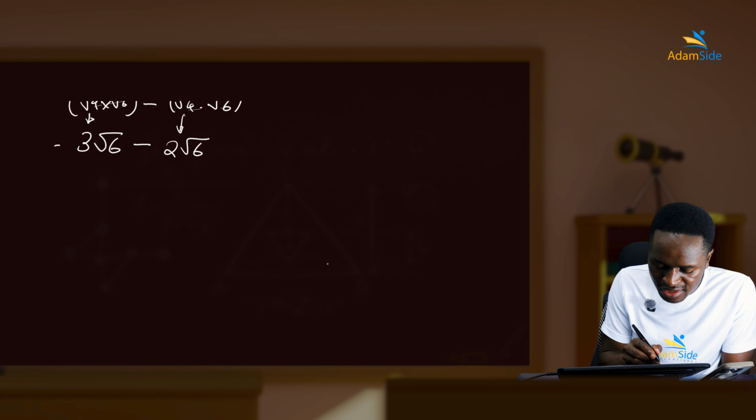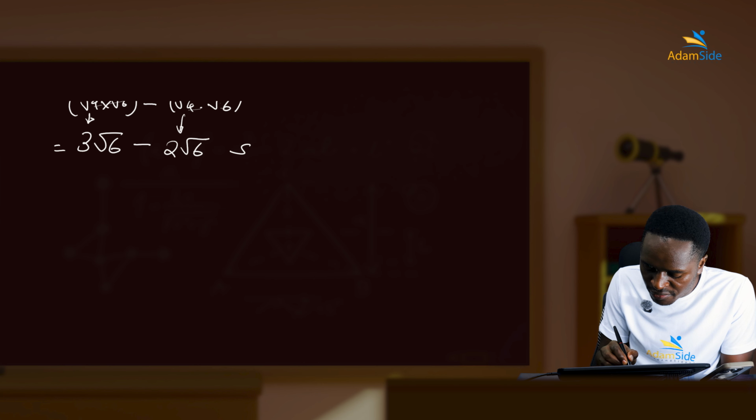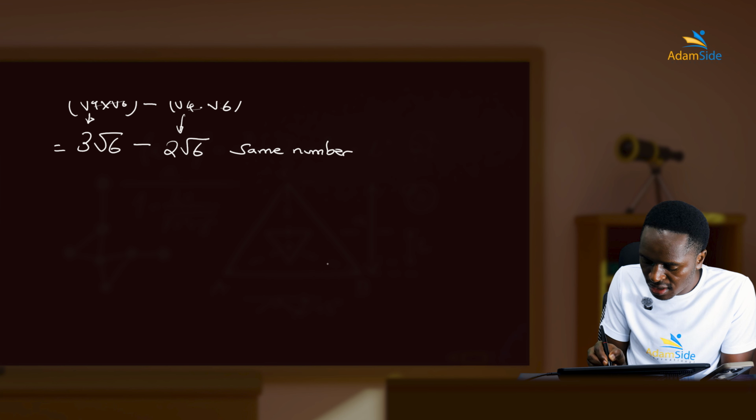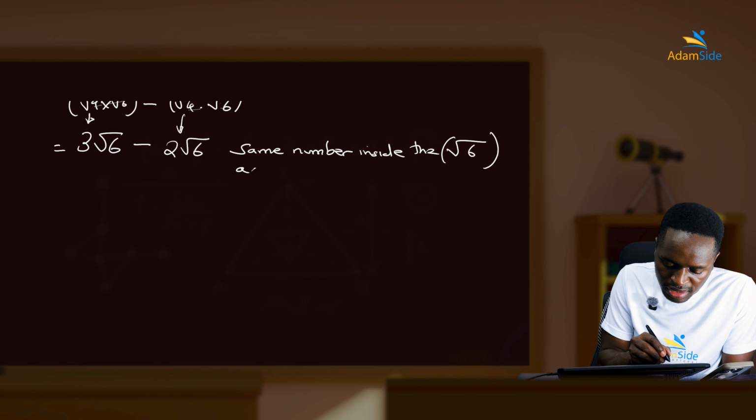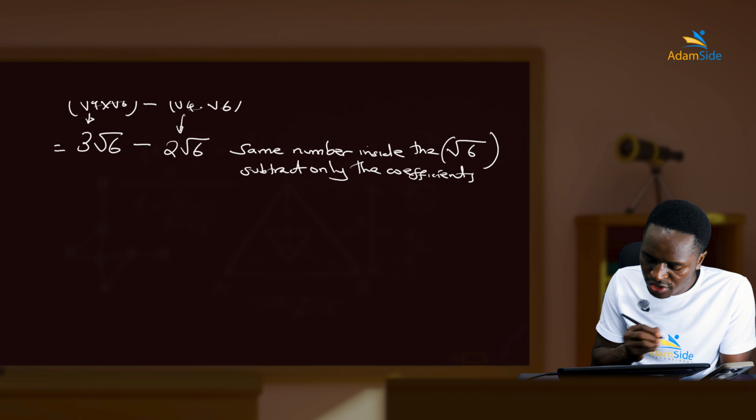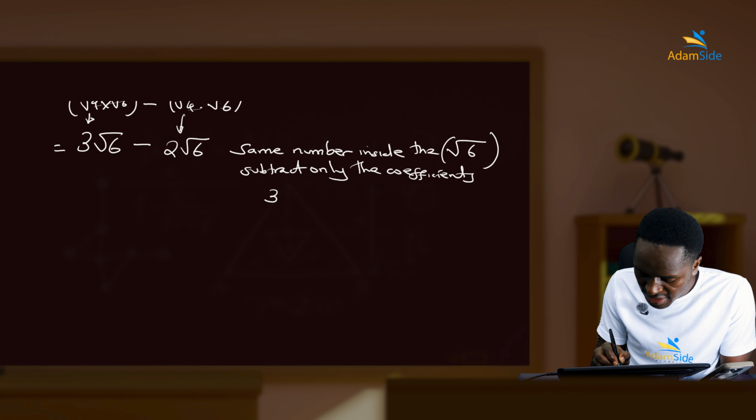Then solve it. Now they have the same number inside the square root symbol. Like you say, they have root 6 there. Therefore, you can now subtract only the coefficients. So how do we do? You just say 3 minus 2, which is 1, and then keep the surd.